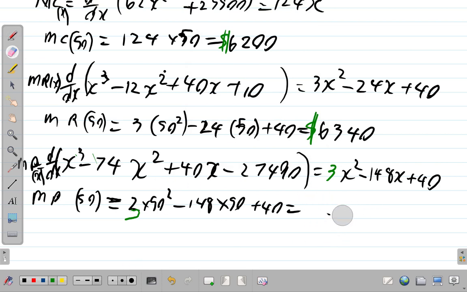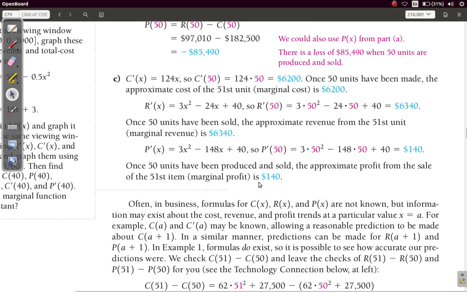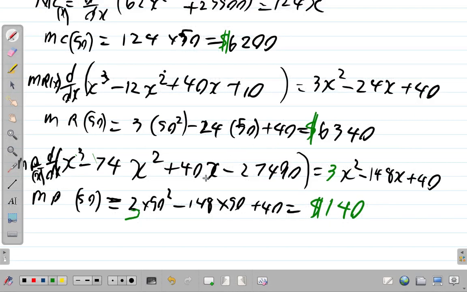So let's erase this and write our answer down as $140. So it agrees now. $140 is our marginal profit, right? We've gone a good amount of time on this video. We'll talk about this some more in another video, so I'll see you then.